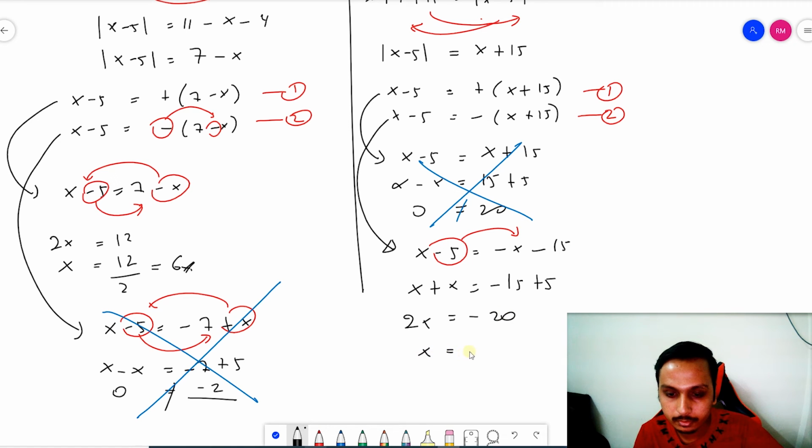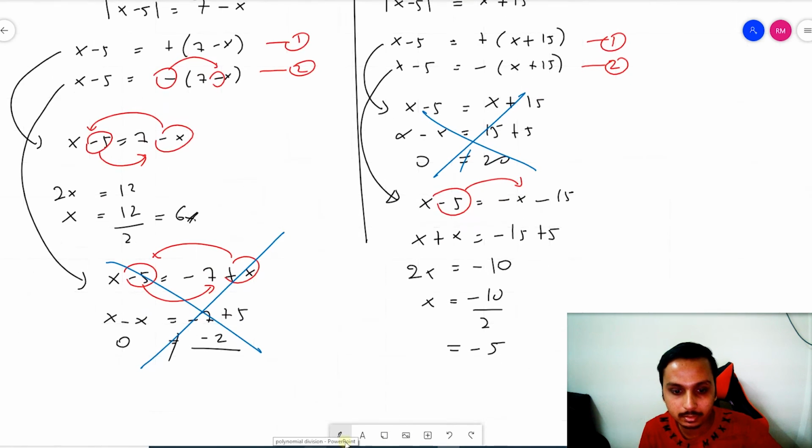So x is equals to negative 20 divided by 2, which is equals to negative, sorry, I made a mistake. It's not negative 20, it's negative 10, because negative 15 plus 5 is equals to negative 10. My bad. So negative 10 divided by 2, whereby the answer is equals to negative 5.